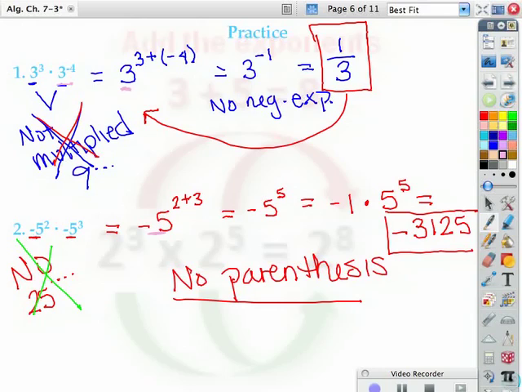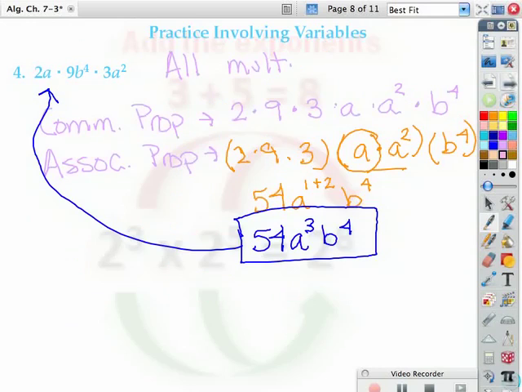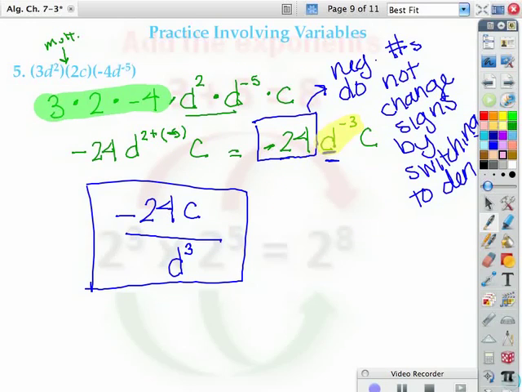Further, we got to this example. Remember that if it's a negative number, a negative coefficient, that does not change signs when you move it to the denominator. So you do not move it. Keep it where it is, keep it negative. The only thing that changes signs is this exponent here, which will become positive when you move it to the denominator.